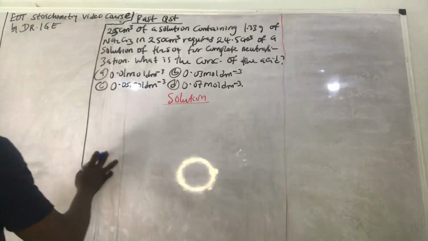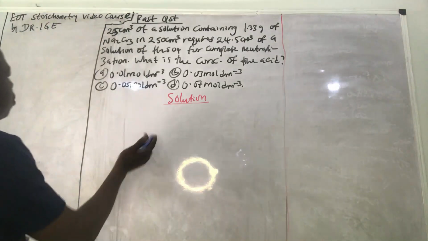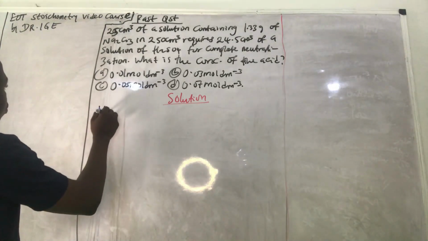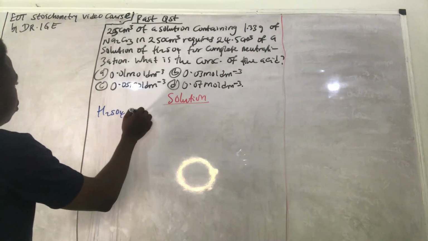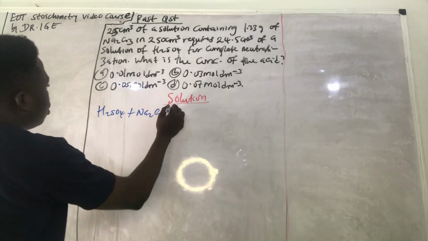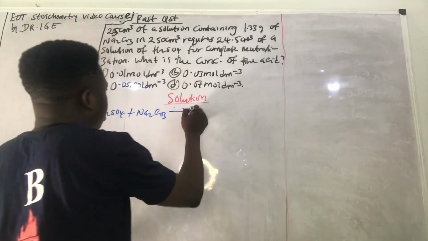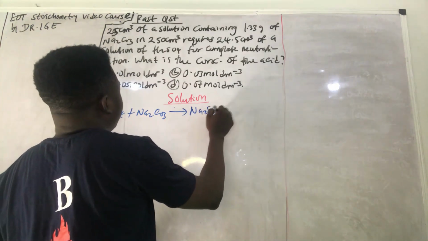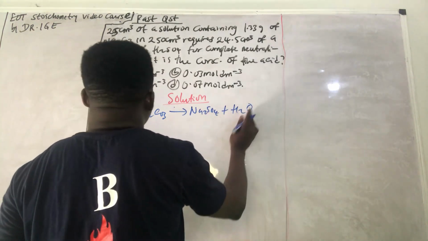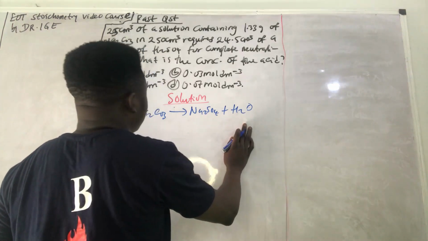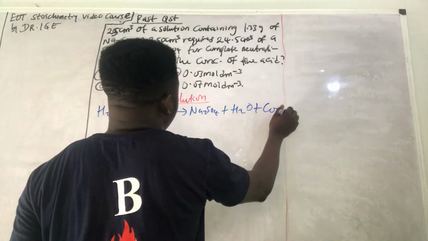Let's write out the equation first. This is the equation: H2SO4 plus Na2CO3 will give us Na2SO4 plus H2O plus CO2.